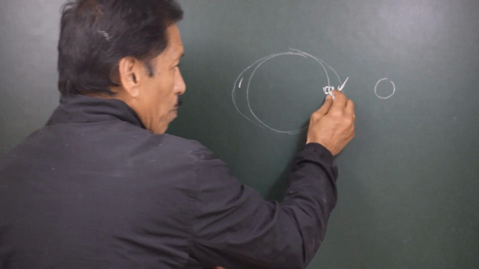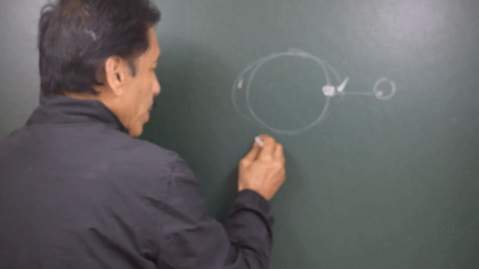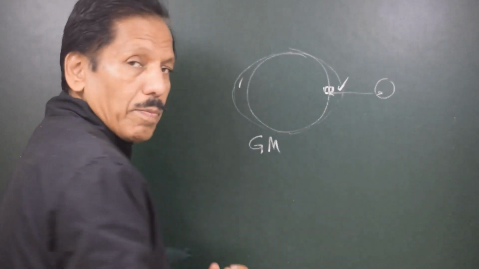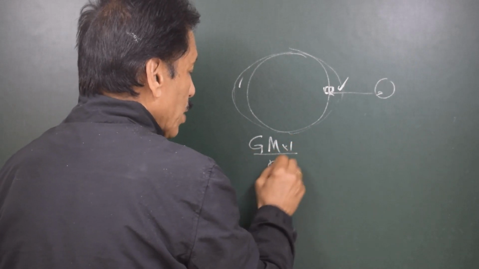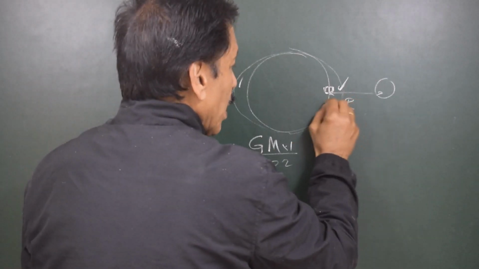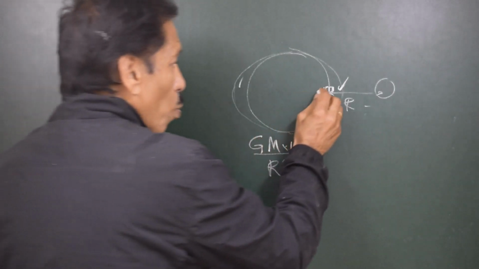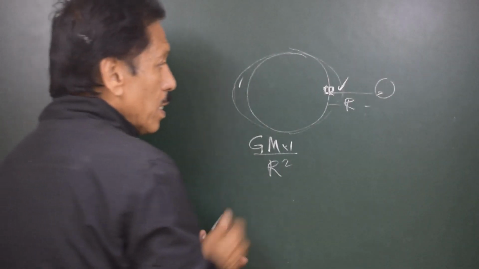Now, when we consider this distance, the distance to 1 gram of water, the gravitational pull is equal to G M, where M is the mass of the moon, into 1 divided by r square, where this distance is r.